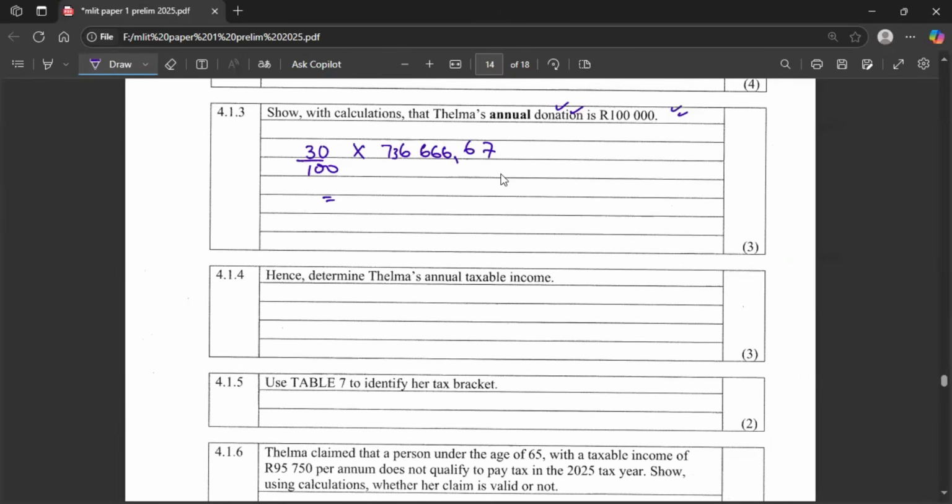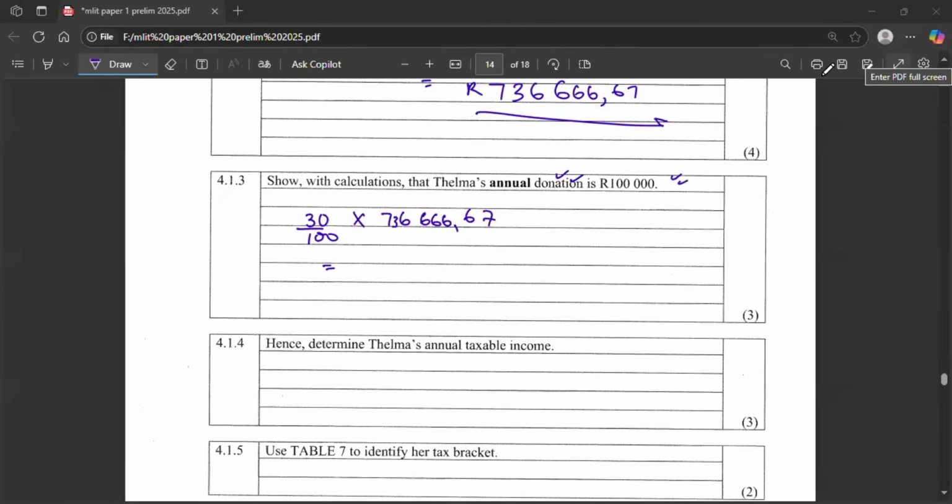Does it make sense? Okay, so if I get the 30%, we said 30 divided by 100 multiplied by 736,666,67. What we are getting is 221,000.